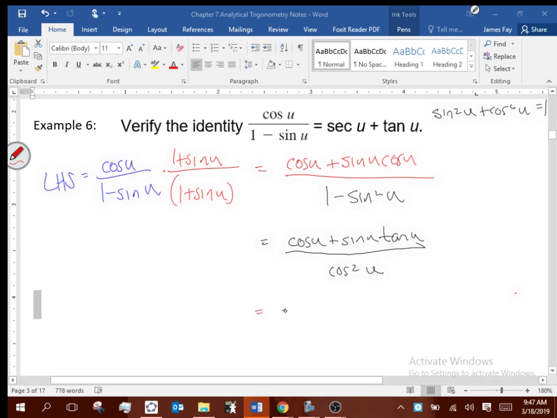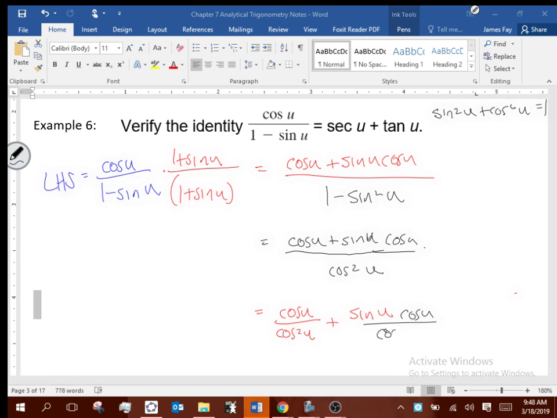I'm going to pull this apart and write it as cosine u over cosine squared u plus then sine u. I don't know why I put tangent there. I think I was looking at that instead of that. Okay, so that should be a sine u, cosine u. My apologies. So sine u, cosine u over then cosine squared u.